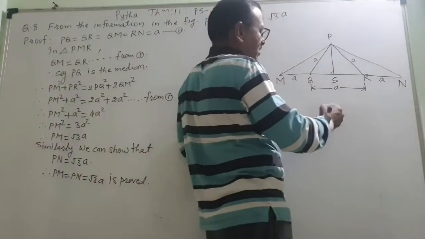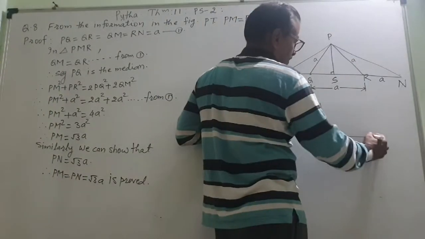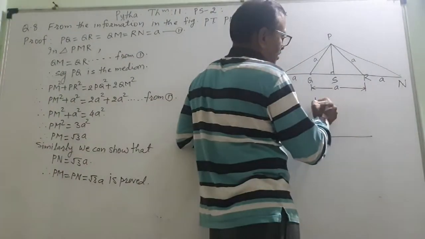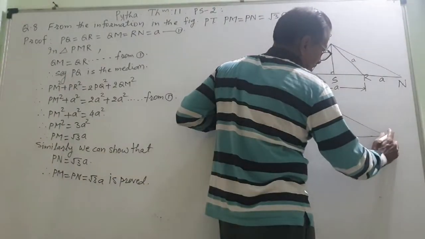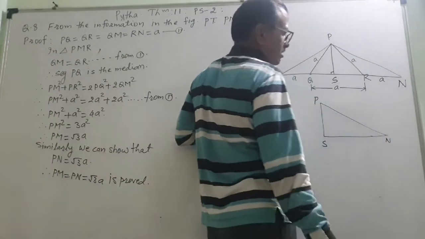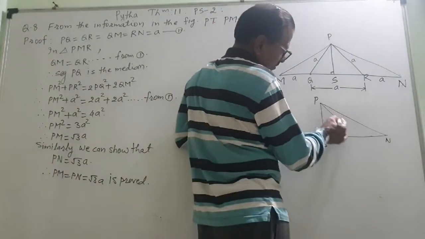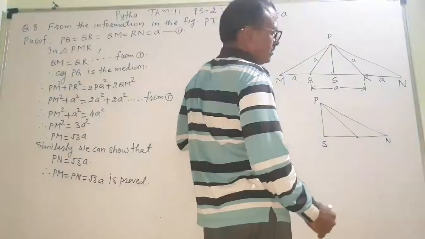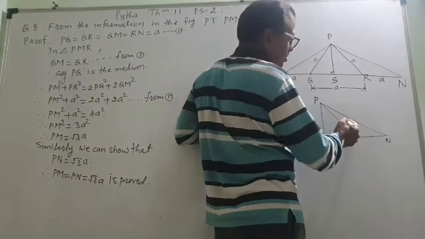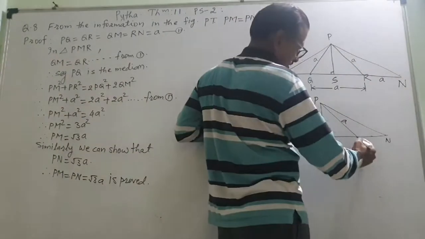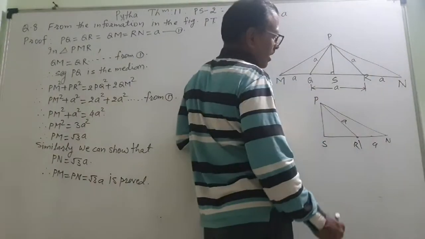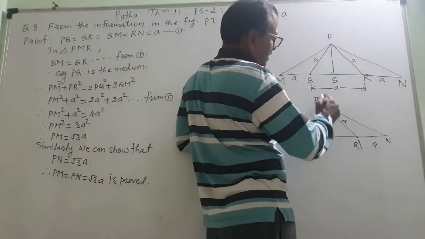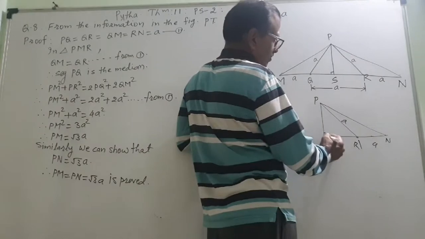So one way I will discuss. This is S, this is P, here it is N, here it is R. So this is A, this much is A, this point is R, this is S point.